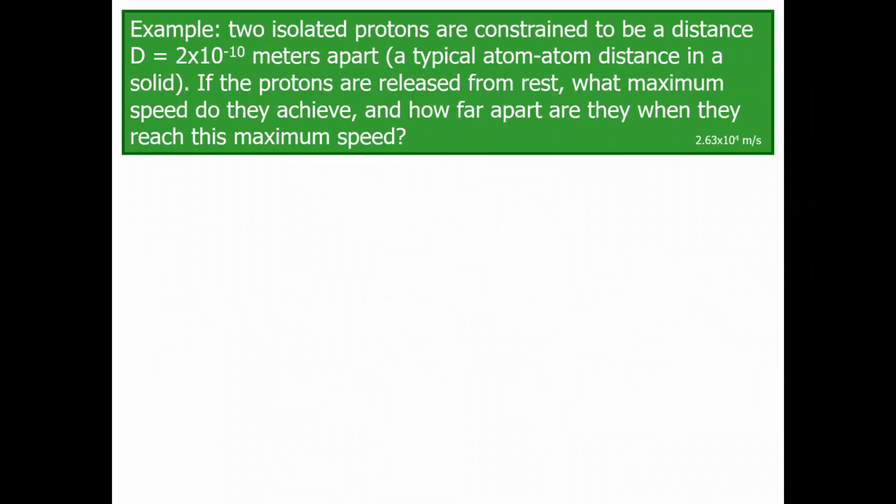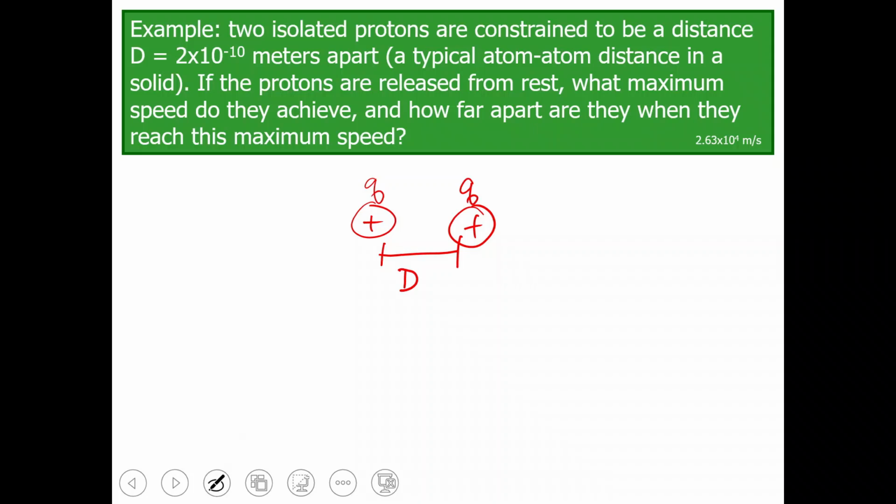So if I picture that we're starting off with these two protons, starting here at some distance d from each other, so that's going to be Q and that's going to be Q. What's going to happen is that we are getting repulsive forces, and those repulsive forces are going to be acting in opposite directions, causing each one of these charges to move away from each other. So that's going to increase the overall distance between them.